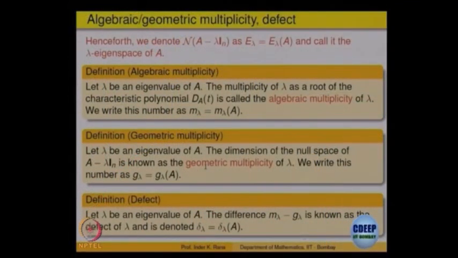Algebraic multiplicity will always be bigger than or equal to geometric multiplicity. The number of times the root is repeated algebraically, that many eigenvectors you may not be able to find; you will be able to find only fewer of them, because they must be independent.